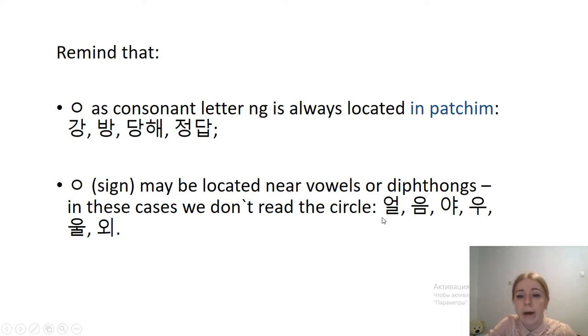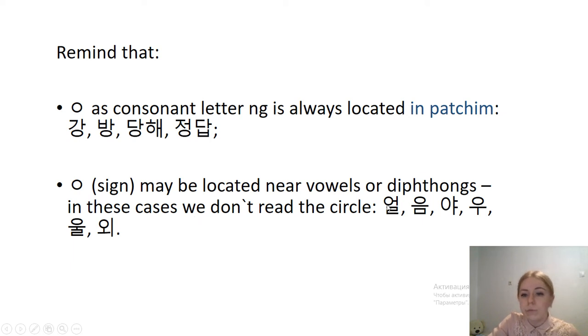For example, here it's all, the syllable all, and we don't read this like a consonant letter because it's not in pachim, so it's just the sign. Here we read it like a T sound because it's in pachim and it's a consonant letter in these cases.